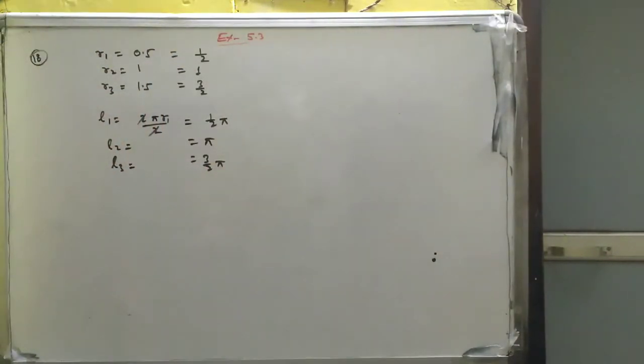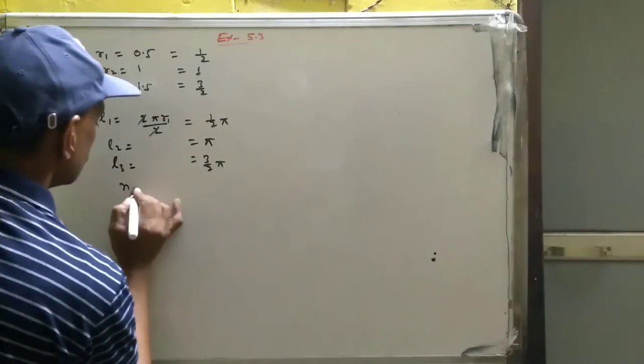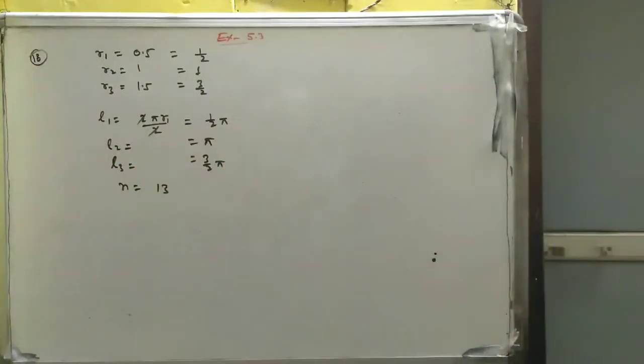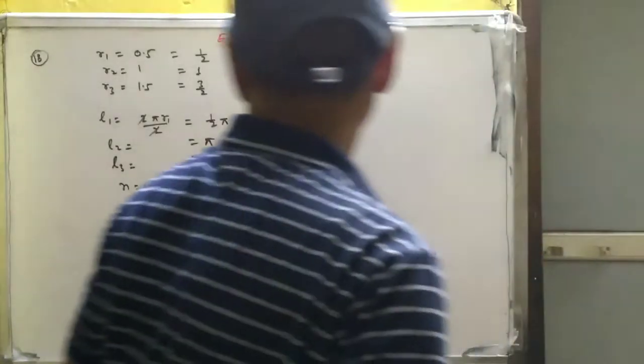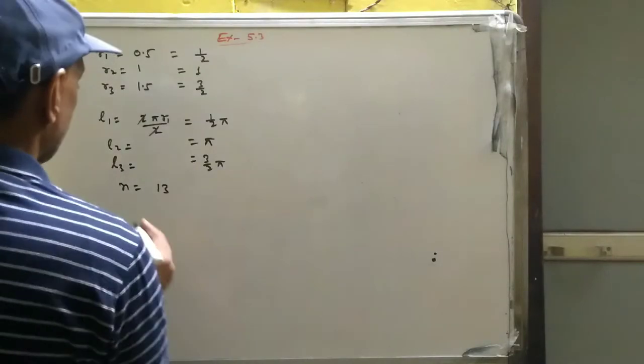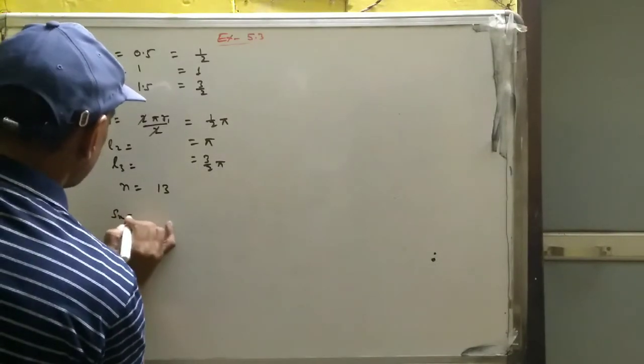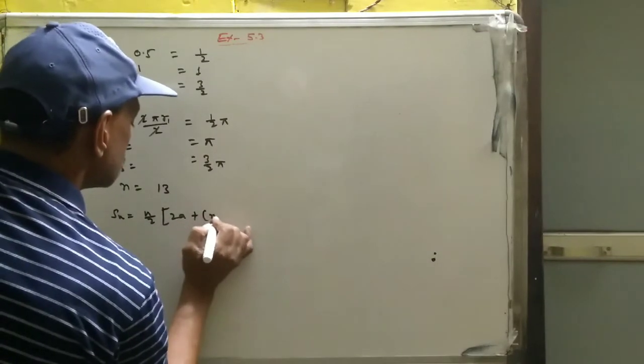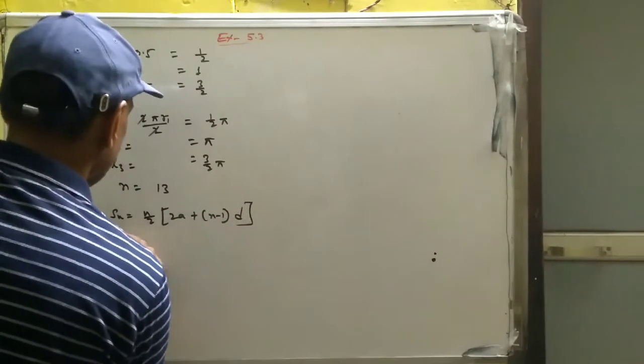Okay, so let us solve this question. We got L1, L2, L3, and n, the number of semicircles in the spiral, is 13. Now let us use the formula Sn equal to n by 2 into 2a plus n minus 1 into d.